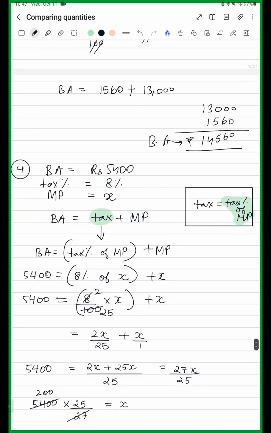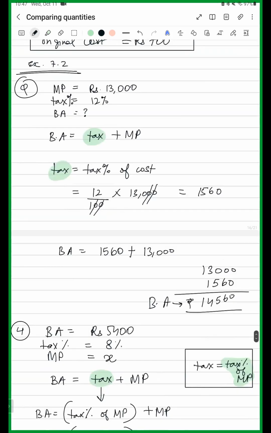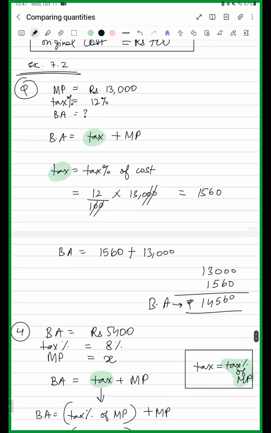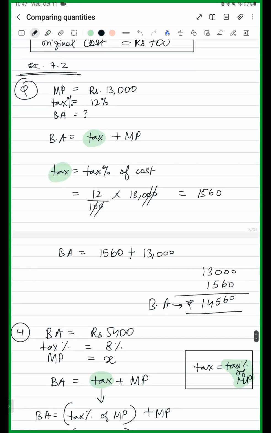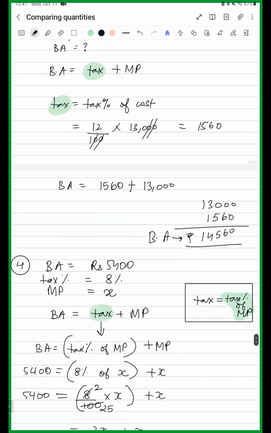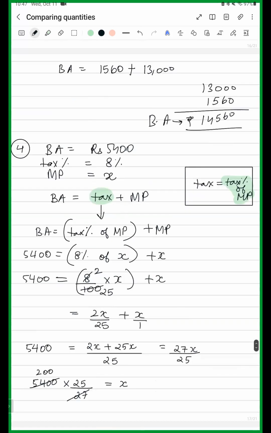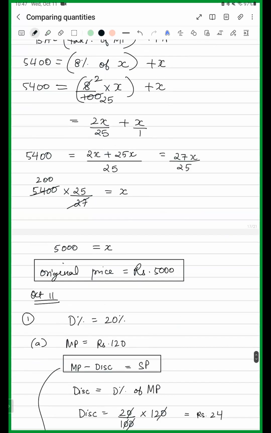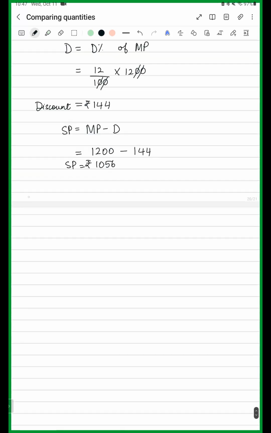We have done a hair dryer question. After this, the last question we have not done is the fifth one. Let's do that: the second exercise, fifth question.